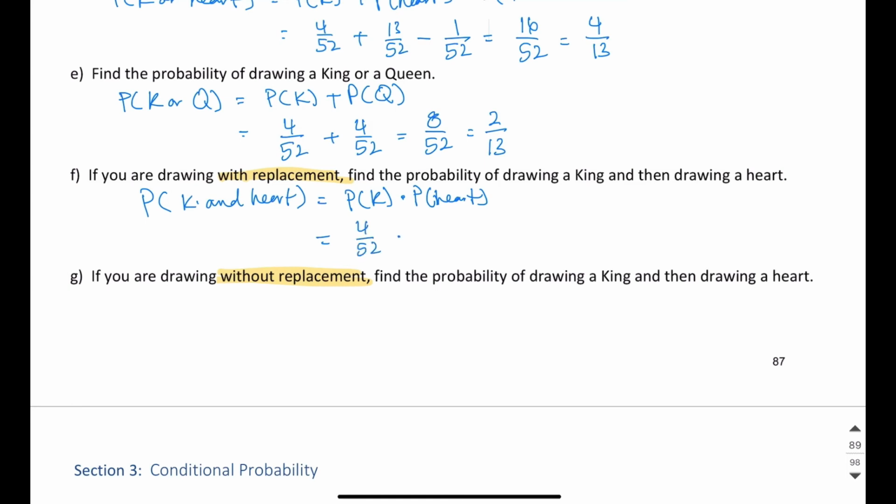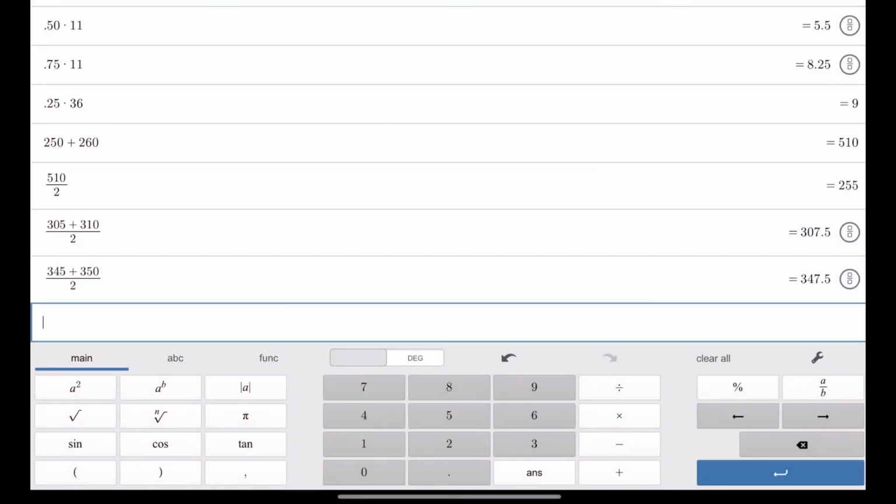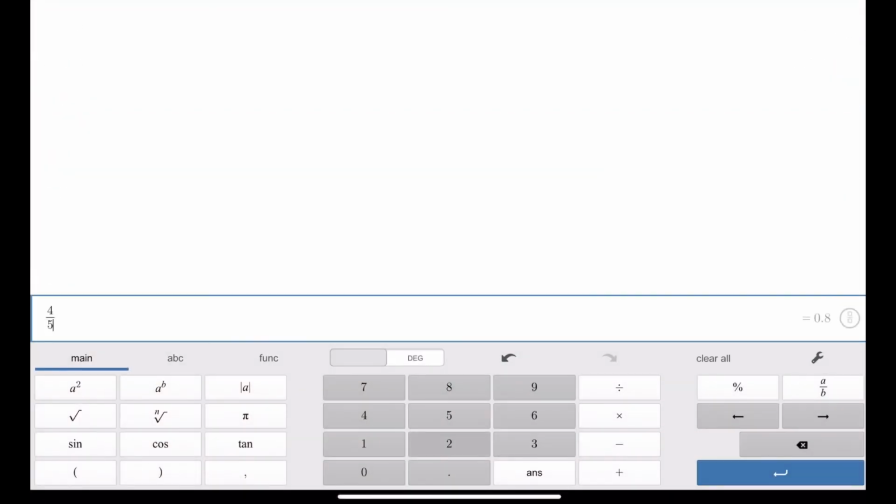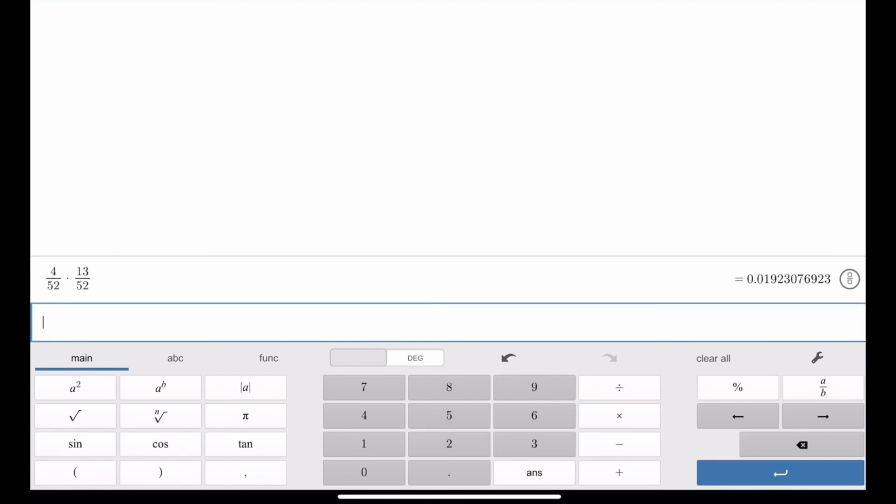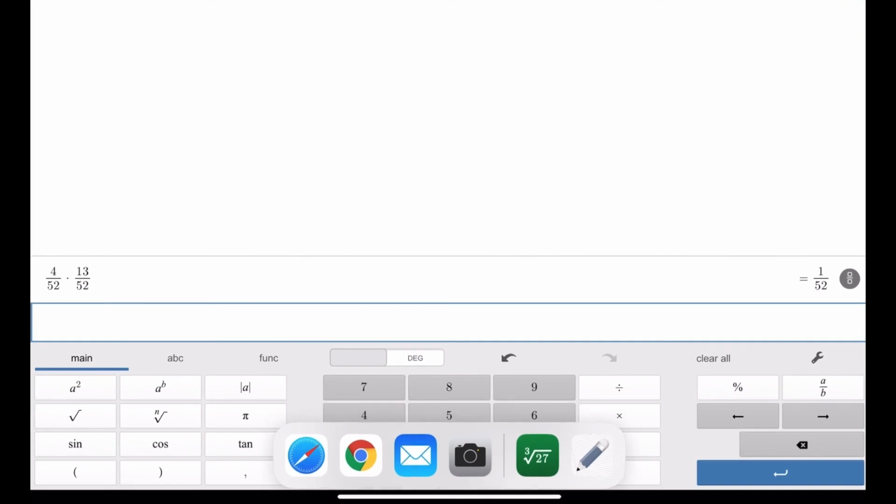And to draw a heart, because once we put the card back in, there's still 52 cards in the deck, there's still 13 out of the 52. So we can do 4 out of 52 times 13 out of 52. We get that, and now we want to convert it to a fraction, which is 1 out of 52.